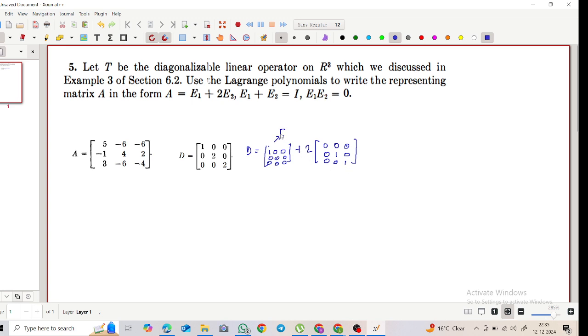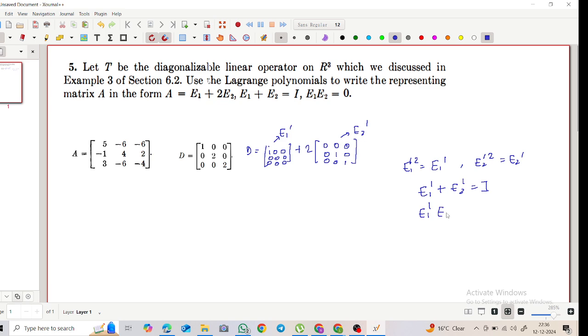So suppose this is E1 prime and this is E2 prime. Clearly E1 prime square is E1 prime and E2 prime square is E2 prime. So these are projections, and also E1 prime plus E2 prime is identity.